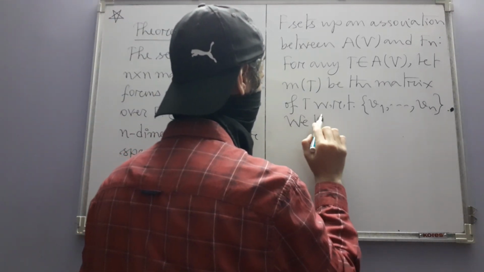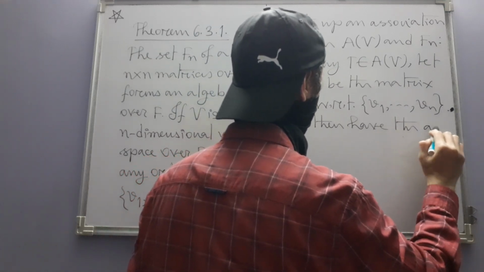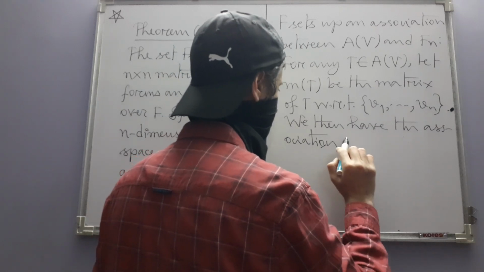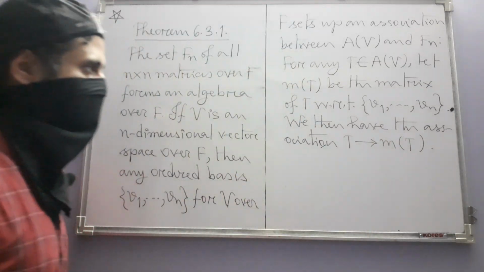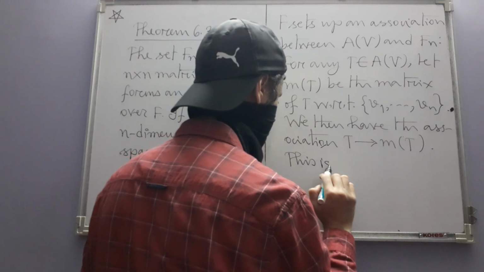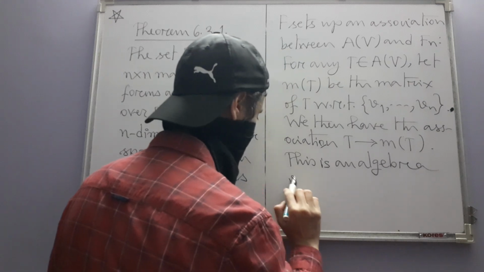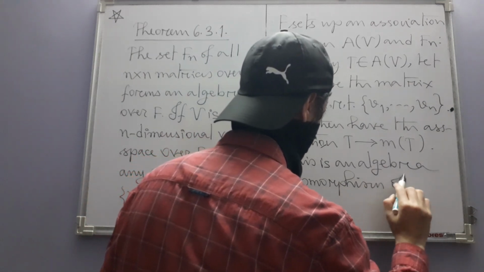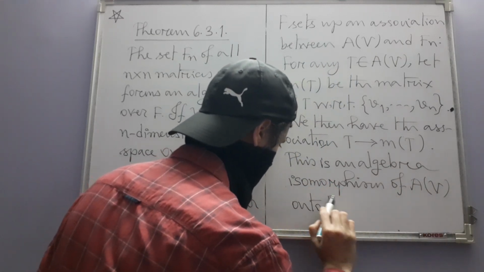We then have the association which associates with T the matrix MT, and this association is an algebra isomorphism of A of V onto Fn.